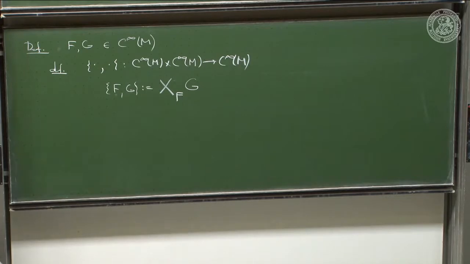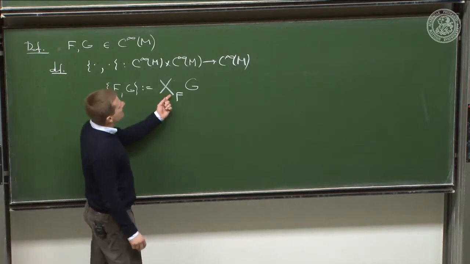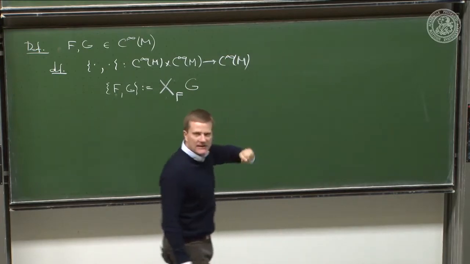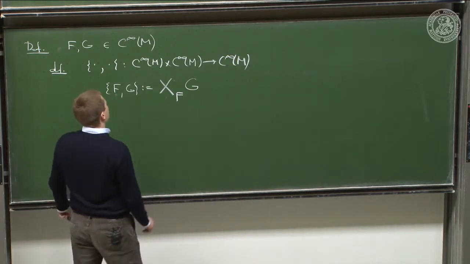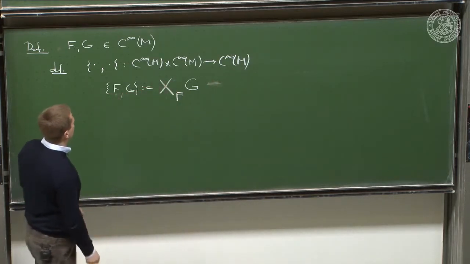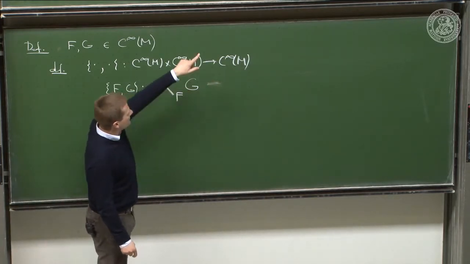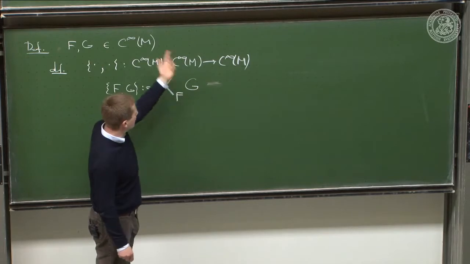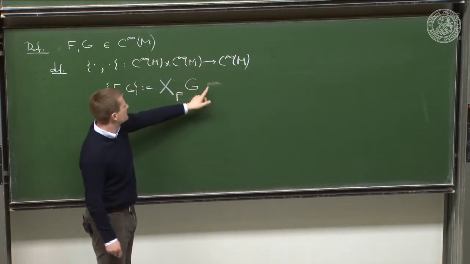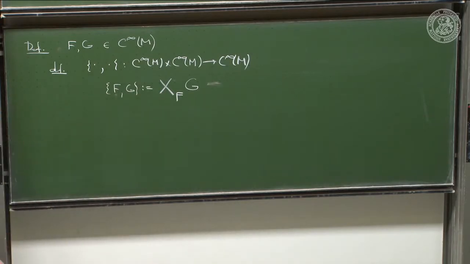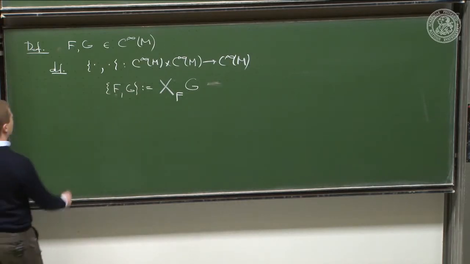And because the Hamiltonian vector field is defined in terms of such an omega sharp, the omega sharp inherits its antisymmetry as a true form. Well, the omega sharp is a second rank contravariant tensor, but the omega is a true form. It inherits the antisymmetry such that if you now exchange f and g, it's minus {g,f}. Okay, so this is the Poisson bracket.